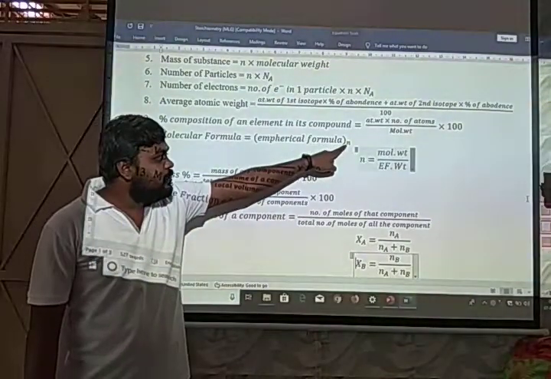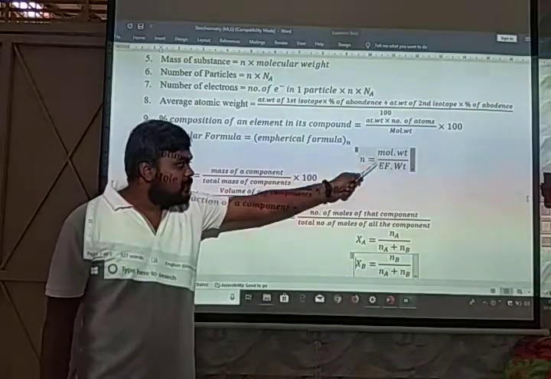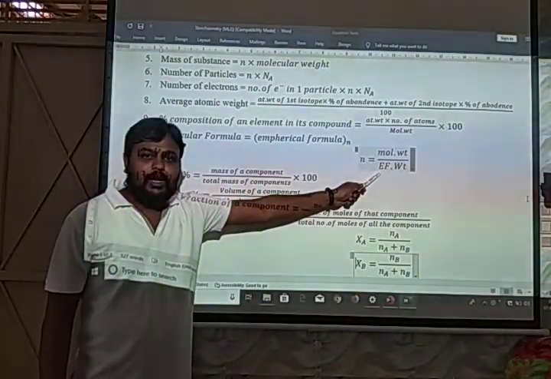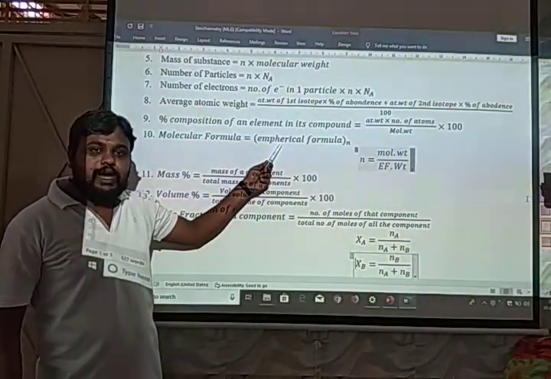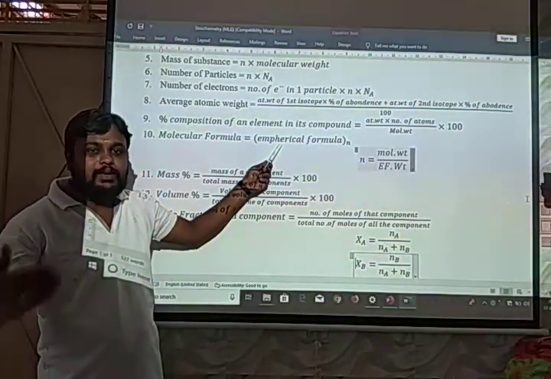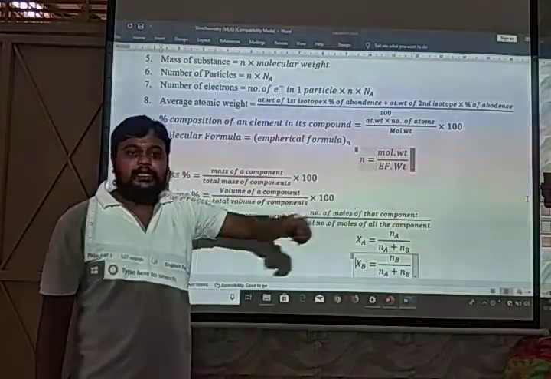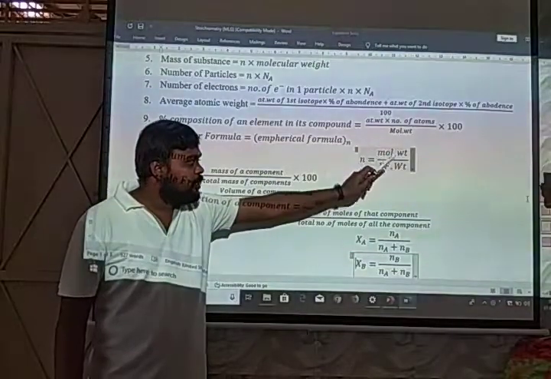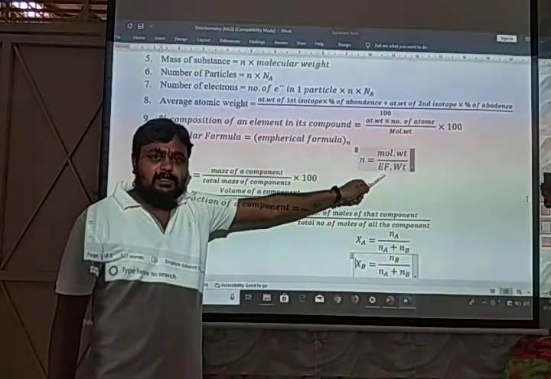How to find n? n can be calculated using formula molecular weight of that substance divided by empirical formula weight. So whatever the empirical formula you got here, we have to add the atomic weights of those atoms in the empirical formula. You will be getting empirical formula weight, and in the problem itself they will give the molecular weight. So molecular weight by empirical formula weight gives the n value.